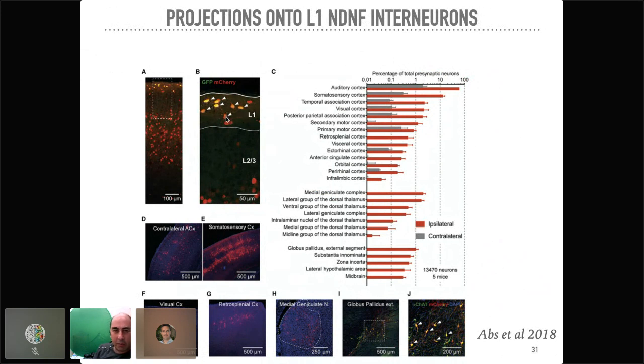There are not many of them. There are 4 types of these interneurons, but if you target one type of them and you map all over the brain where the axons that are coming to these neurons come from, you will find that many of them are coming from every place you can think of in the cortex.